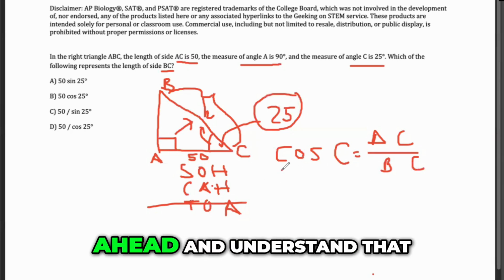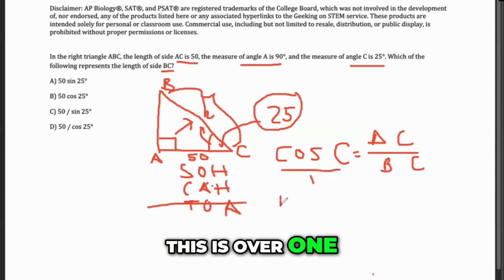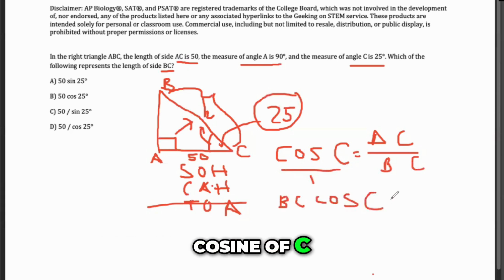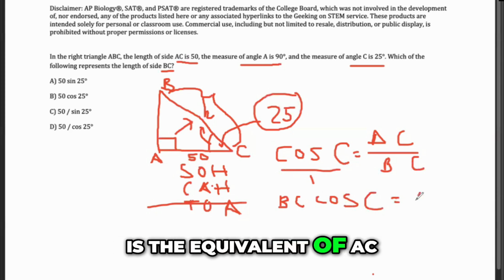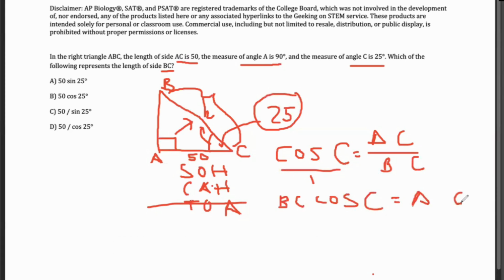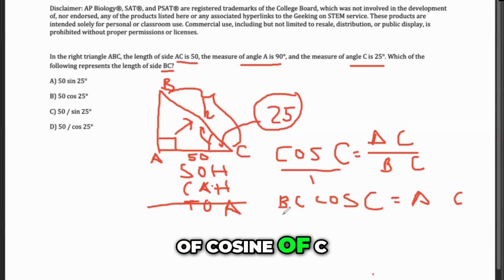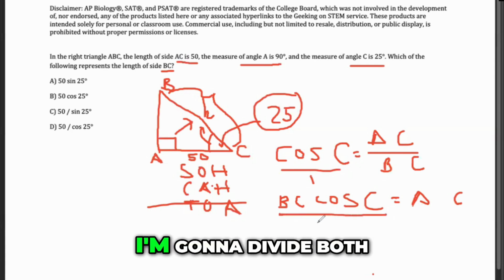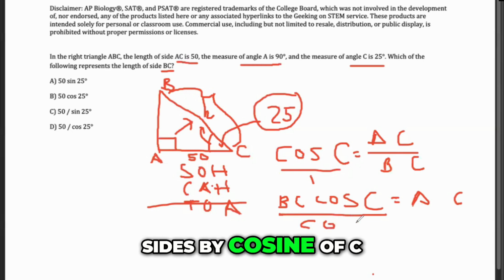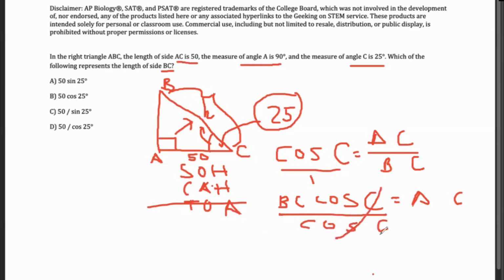So we can understand that this is over 1. So we can cross multiply and say BC times cosine of C is equivalent to AC. And because I have to solve for BC, I'm going to divide both sides by cosine of C.